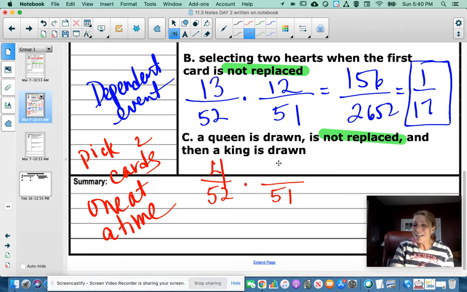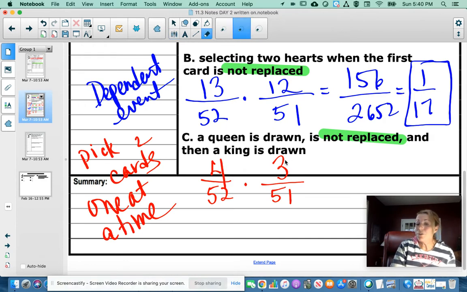Then on my second pick, I only have a 3 out of 51 chance of, whoa, wait a minute, hold on. I have to fix something. Here's the deal. If I would have wanted to find the probability of getting a queen again, then that would have been a 3 out of 51. Oh, look what it's asking. It's not asking me that. It's saying, I want to know the probability of picking a queen.